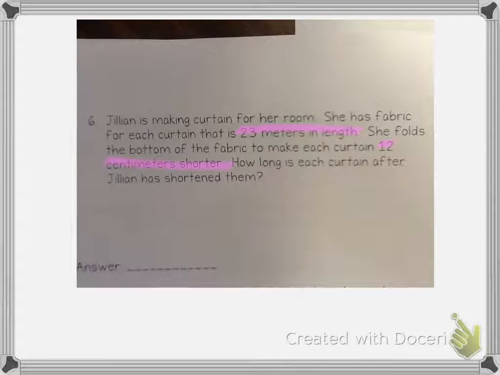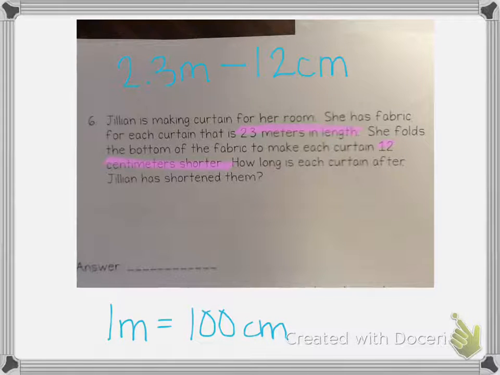So if you look at our information, we have 2 3/10 of a meter, and we're going to shorten each one or take away 12 centimeters. The only thing is we have meters and centimeters, and our units are different. From the previous page, we know that 1 meter equals 100 centimeters. So therefore, we can either switch both of them to meters or switch both of them into centimeters.